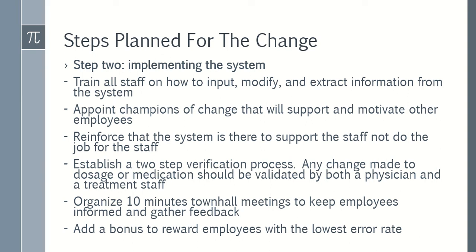So in order to make sure that there will be accuracy in the information, it's important that we have a two-step verification process. So any changes that will be made to the dosages or medications should be validated by both the physician and the treatment staff.